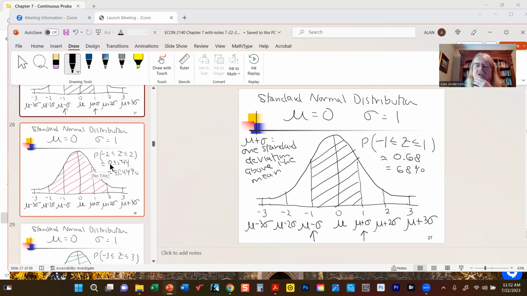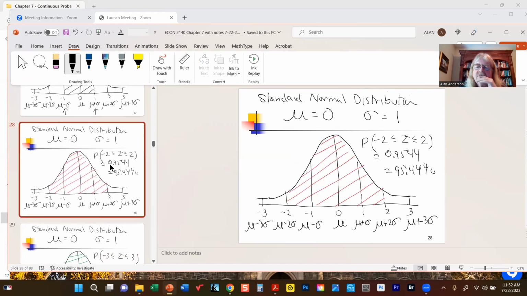Now, what about 2 standard deviations above and below the mean? So this time, if you notice, the range is from mu plus 2 sigma down to mu minus 2 sigma. That can be interpreted as 2 standard deviations above the mean down to 2 standard deviations below the mean. Or using the standard normal, that's the area between positive and -2.